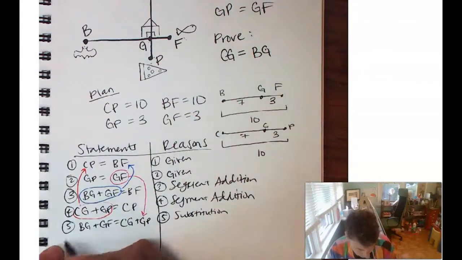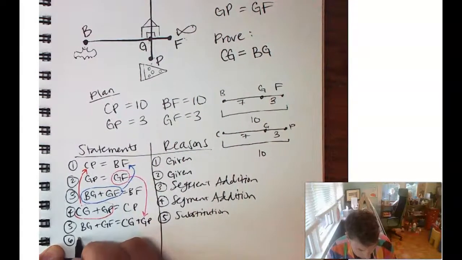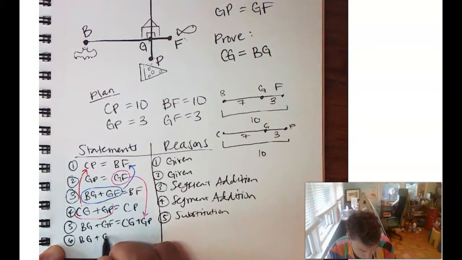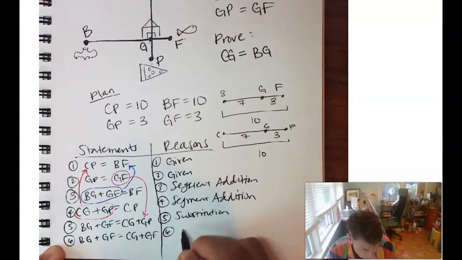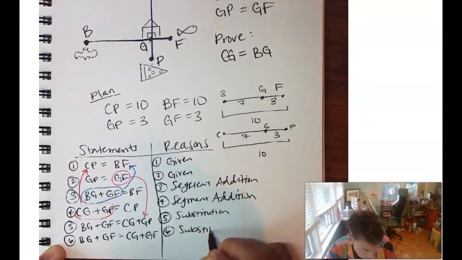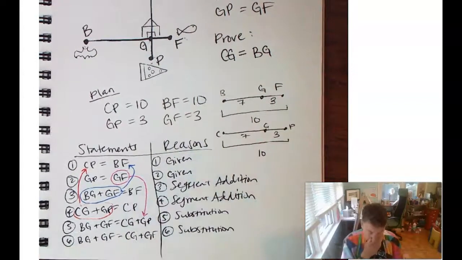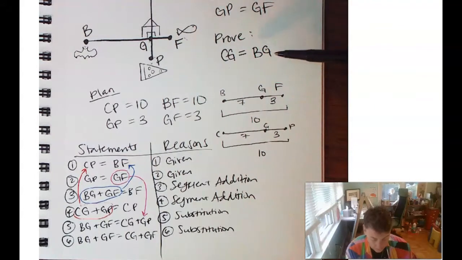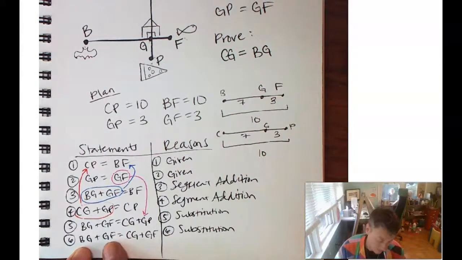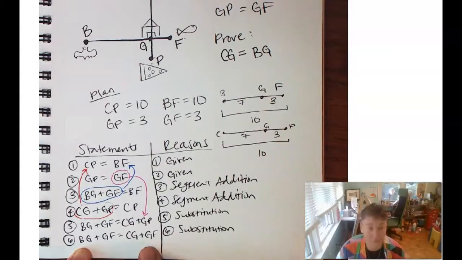Substitution. So we now have BG plus GF equals CG plus GF, by the same reason, substitution. Again, we're trying to get down to this prove statement that says CG equals BG. We have BG plus GF equals CG plus GF.